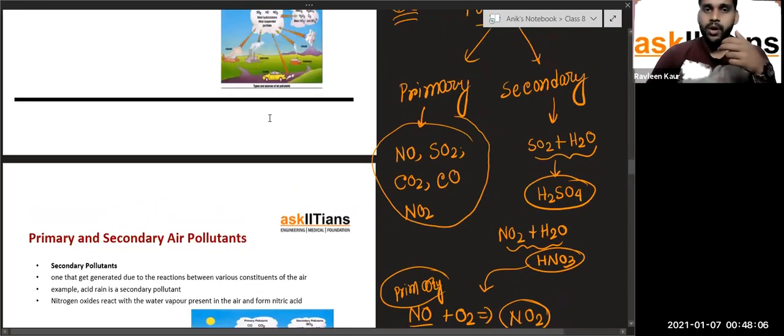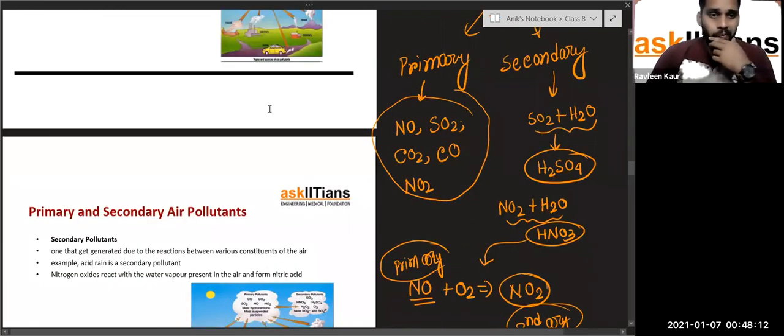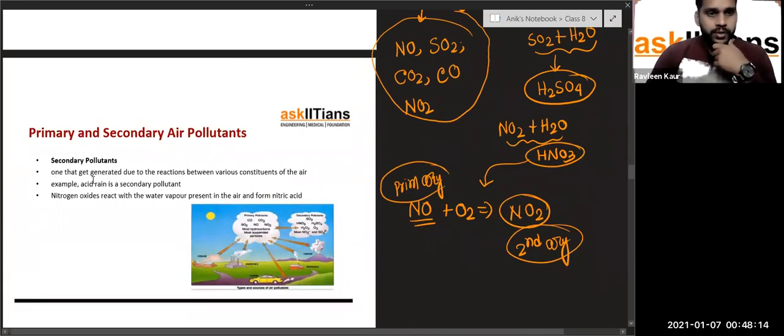You would get some other examples of secondary air pollutants and primary air pollutants as well. Got it? You can see here, secondary air pollutants are those that get generated due to the reaction between the various constituents of air. Example: acid rain.